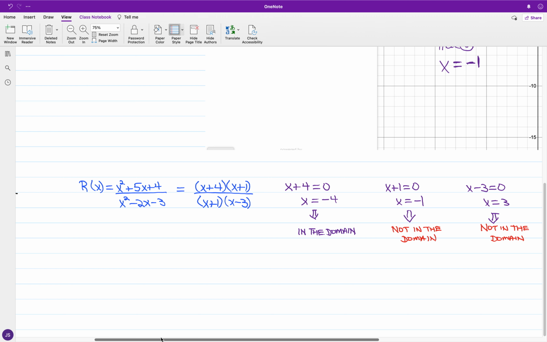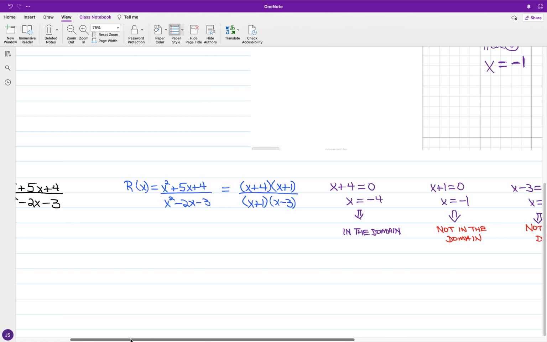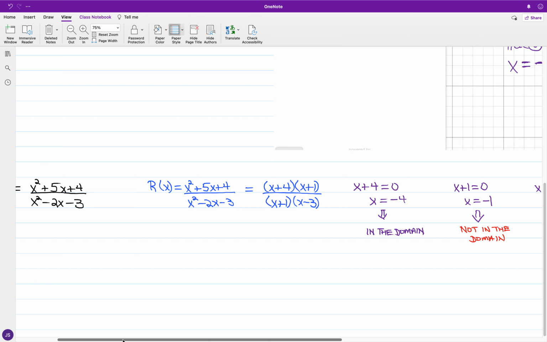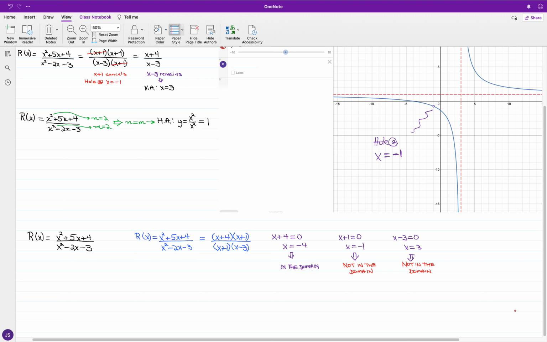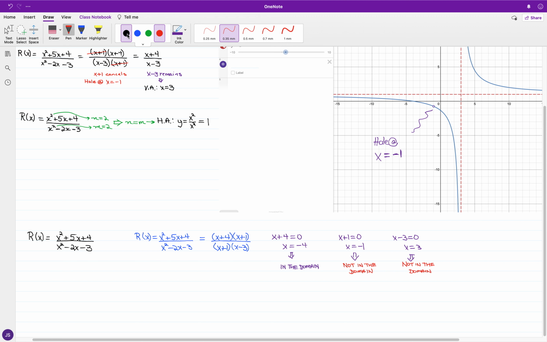Now, we're compositing this together. We have our function r of x, with denominator x squared minus 2x minus 3. And once again, for the zeros, we have negative 4. I'm going to do a little bit of color coding and abbreviating.